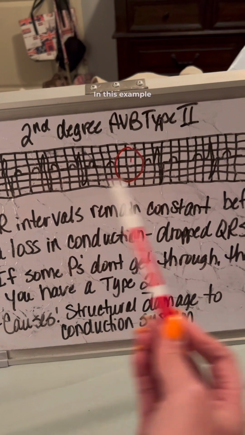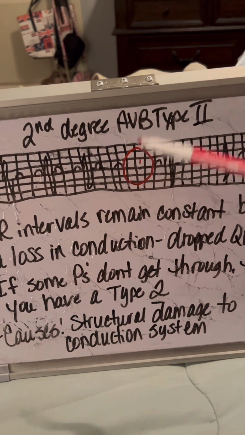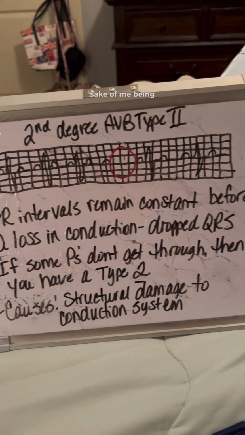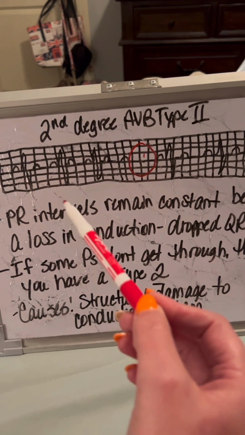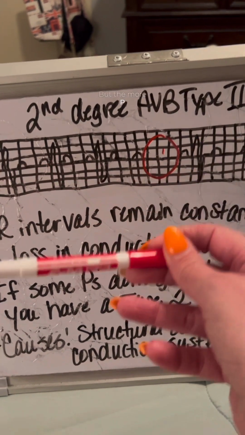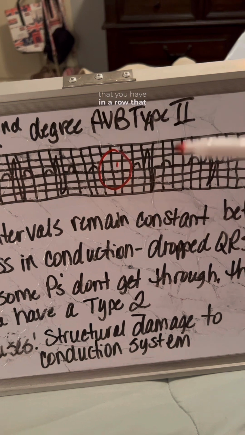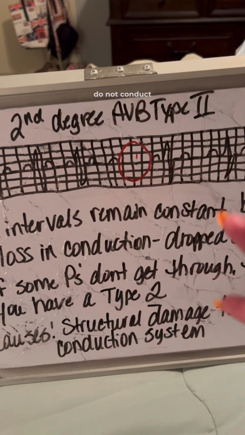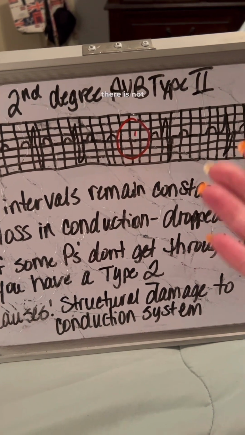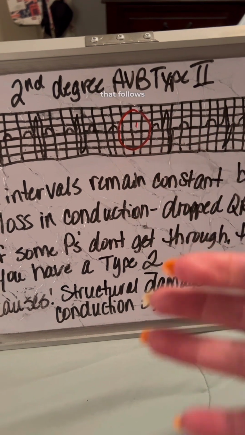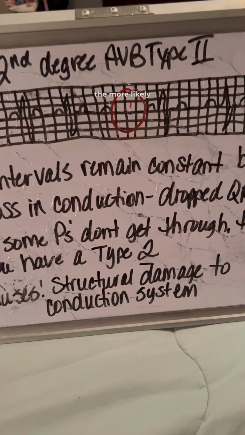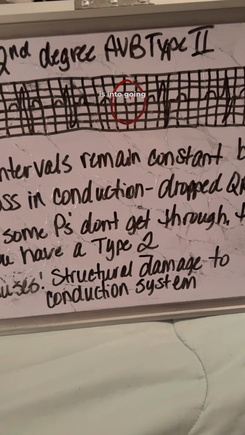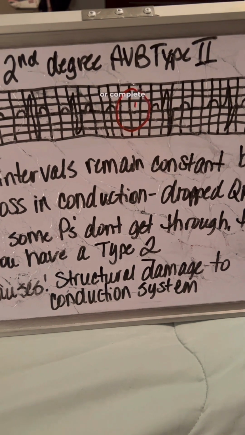In this example, we only have one dropped complex just for the sake of me being able to show you this rhythm strip. But the more P waves that you have in a row that do not conduct, or there is not a QRS complex that follows those P waves, the more likely that patient is going into third degree or complete heart block.